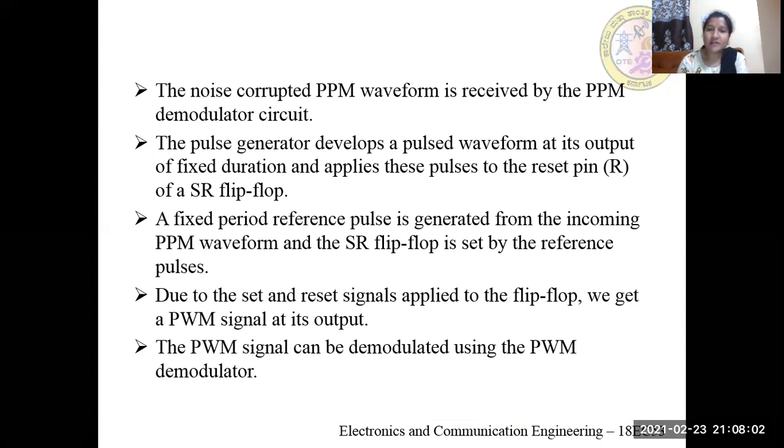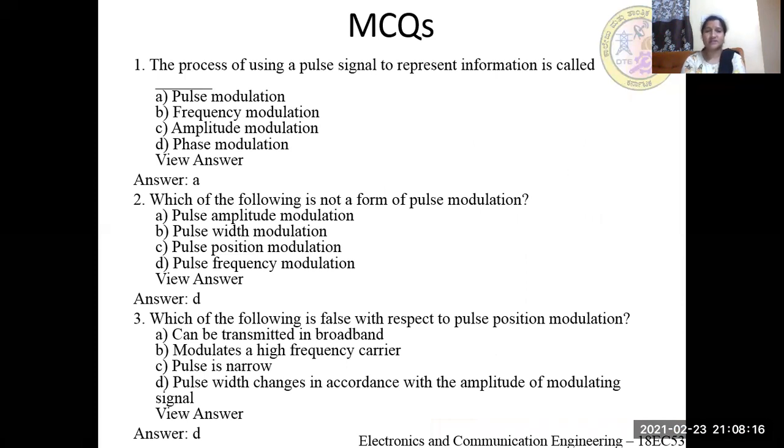Due to the set and reset signals applied to the flip-flop, we get a PWM signal at its output. This PWM signal can be demodulated using the PWM demodulator. So this is about the generation and detection of PPM, that is pulse position modulation.